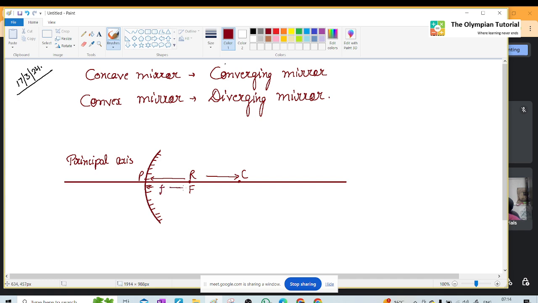And the midpoint P is the center of the reflecting surface. And C, center of curvature, is the center of the sphere from which this spherical mirror is cut. This is for convex mirror, or diverging mirror.